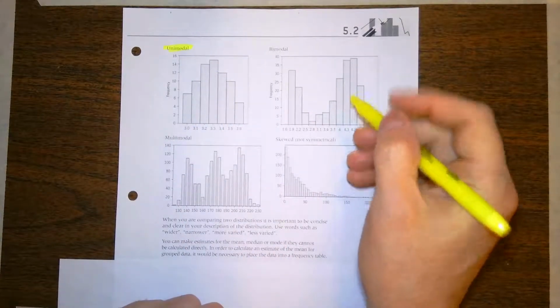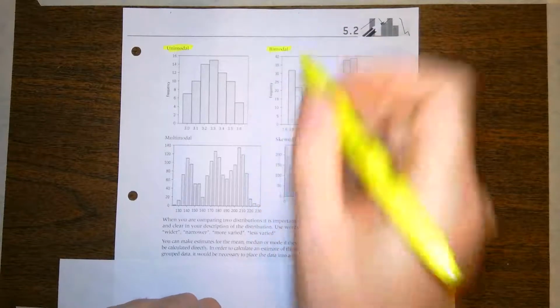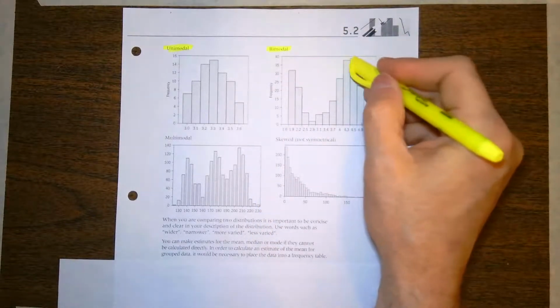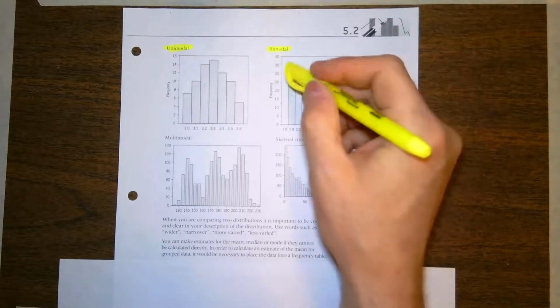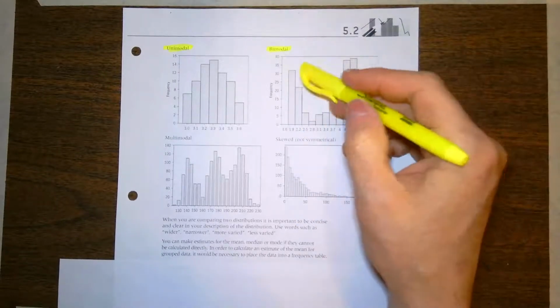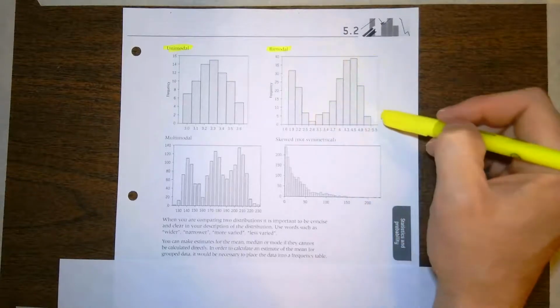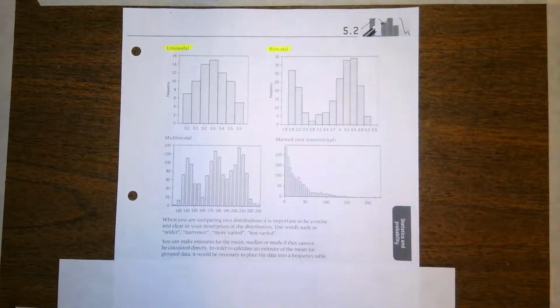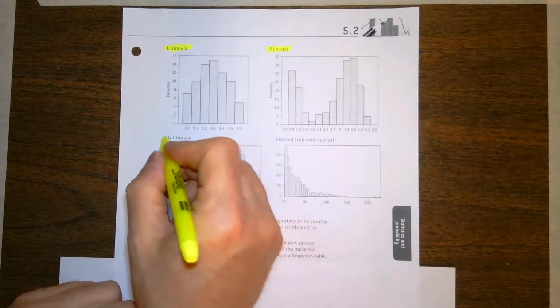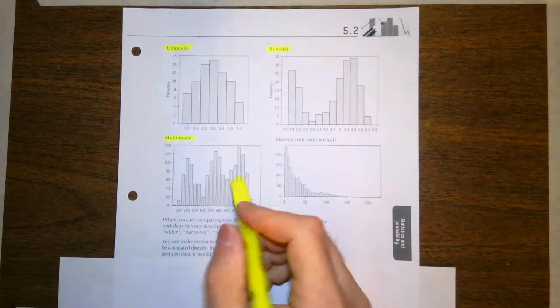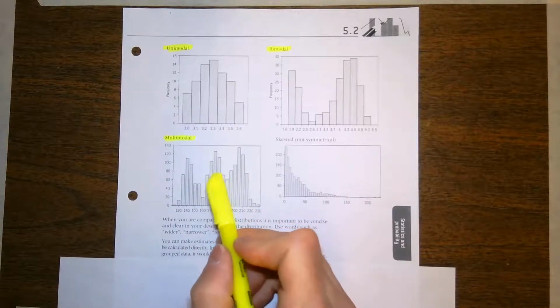This one looks more bimodal. I've got a grouping here that's frequently occurring and a grouping here. And this is clearly not nice and symmetric. Now this data set here, they're calling it multimodal. Really there is no such thing. I would actually say this has no mode at all.